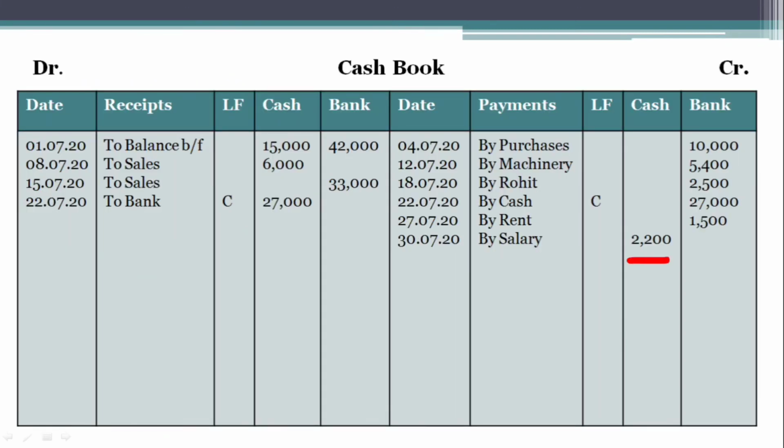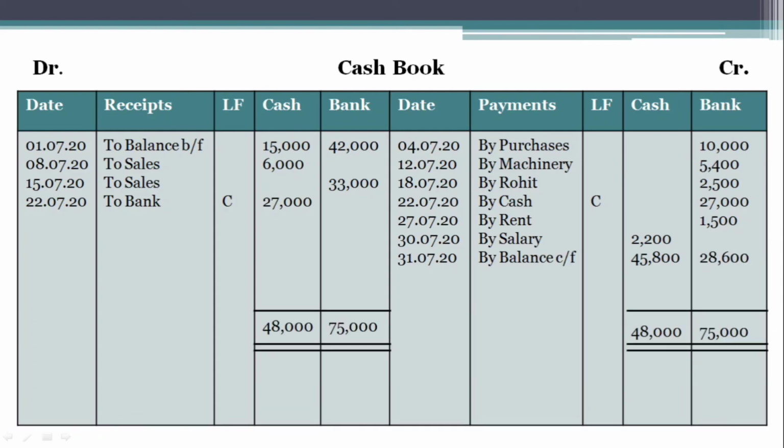So we write 2,200 in the cash column on the payment side by salary. Alright. And now, as we already did earlier, we'll total and balance both cash and bank account in the same way as we did in the single column cash book. And here again the total always matches.